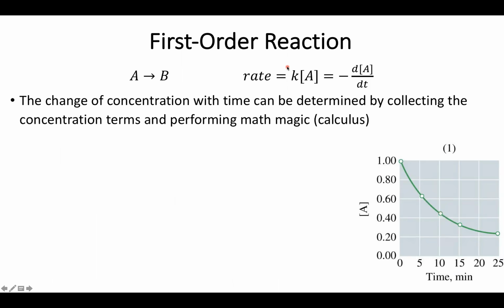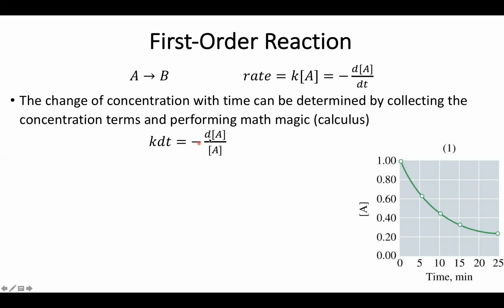So what we can do is use our original rate law and perform some math magic, also known as calculus. So what we can do here is say that my rate can be given as the rate constant times the change in time. And then we're going to go ahead and collect all of our concentrations over here on the left.